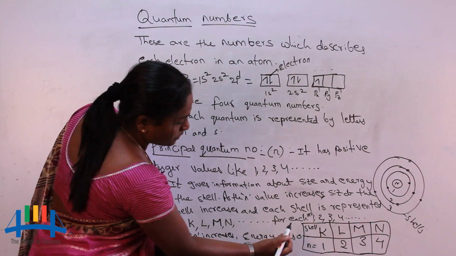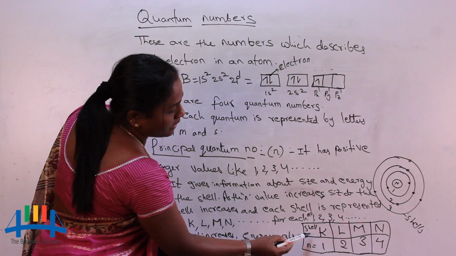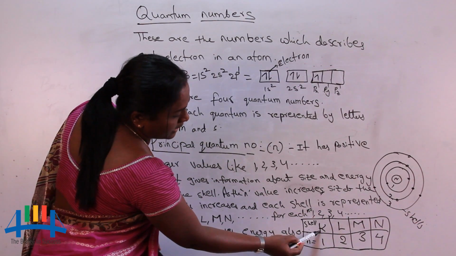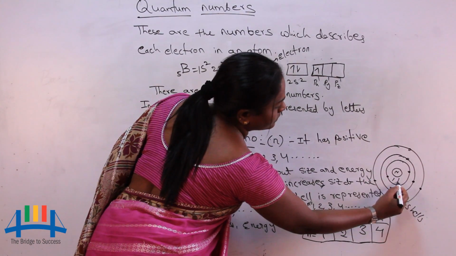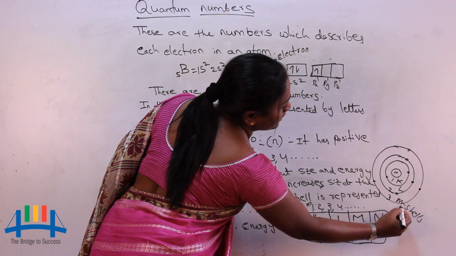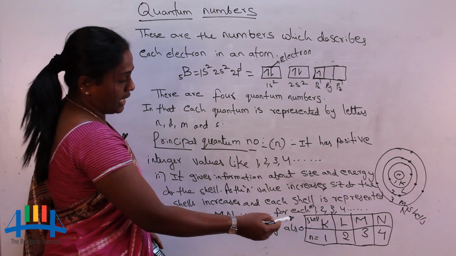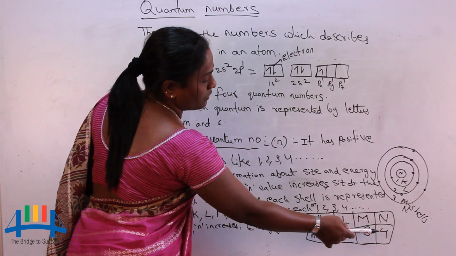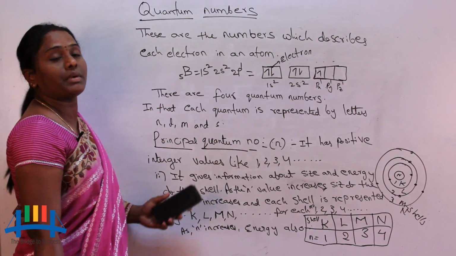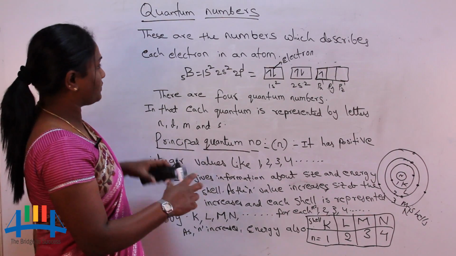For each value of n, shells are named K, L, M, and for the fourth shell it is N. We name them like this for n values 1, 2, 3, 4. It gives mainly information about the size and energy of the shells.